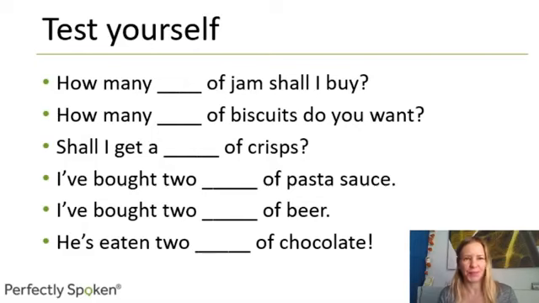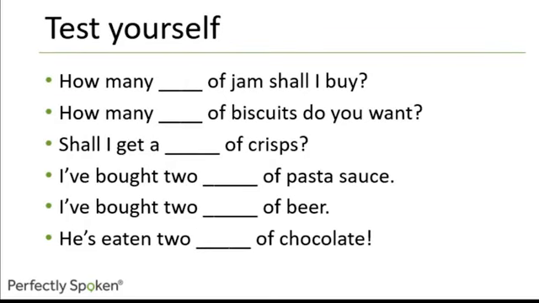All right, now I'm going to put a quick test on the screen for you. Pause the video, write down the answers, and then I will give you the answers. So here we go. Okay, I'm going to put the answers on the video now.